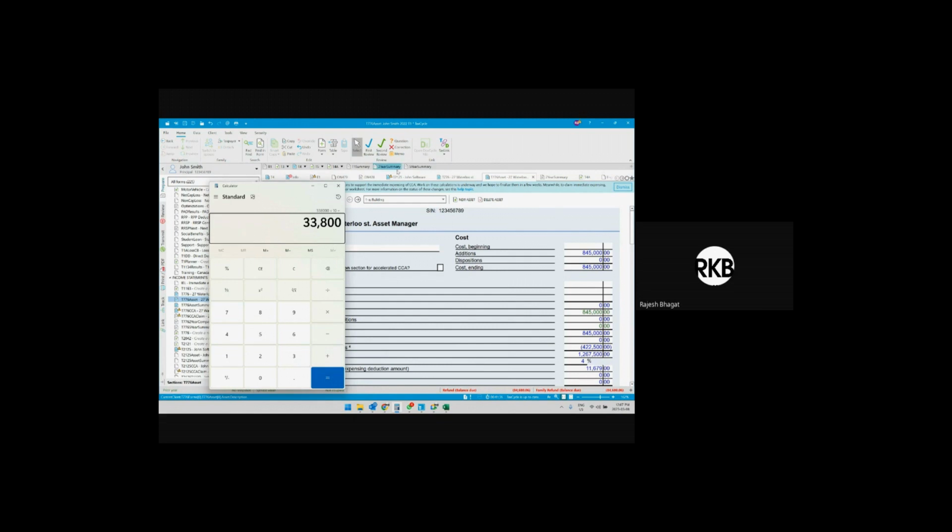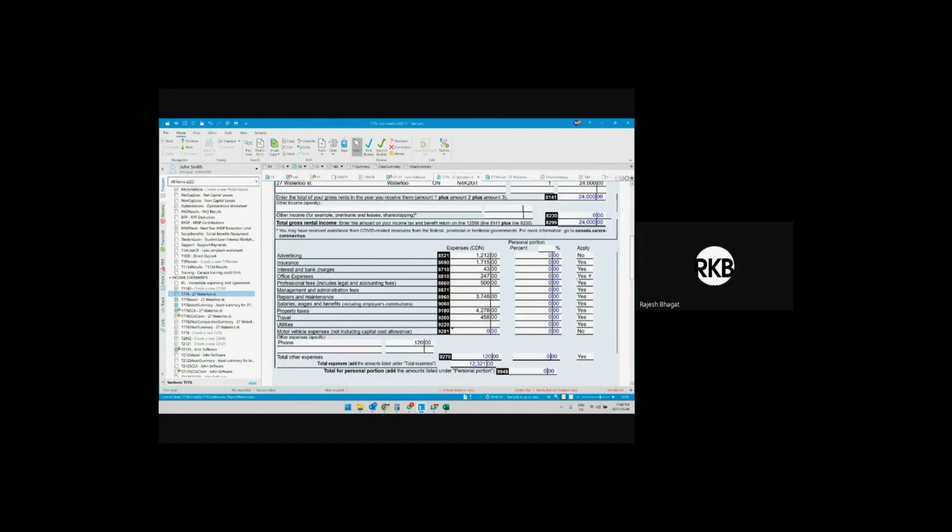But his rental income is only left with 11,679. So he can claim depreciation only up to 11,679. He cannot claim more than that. You cannot report a rental loss which includes depreciation.